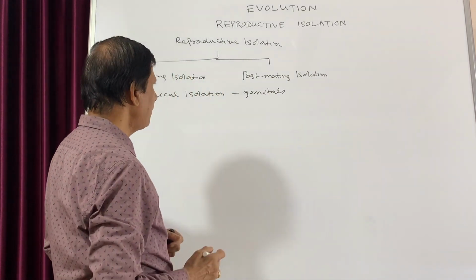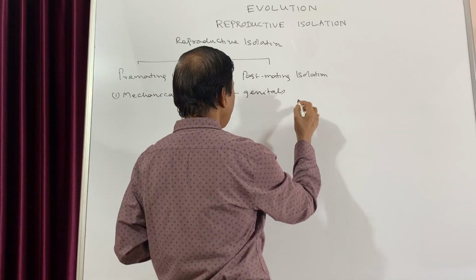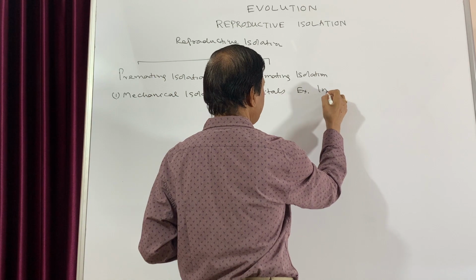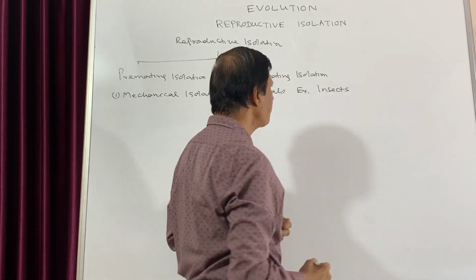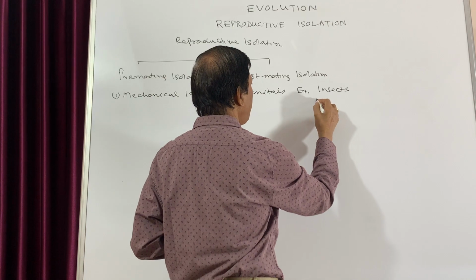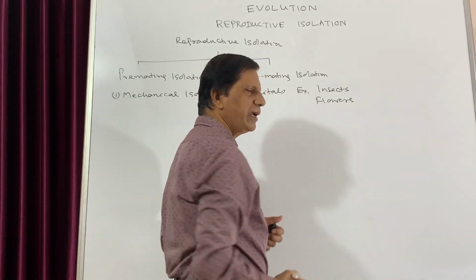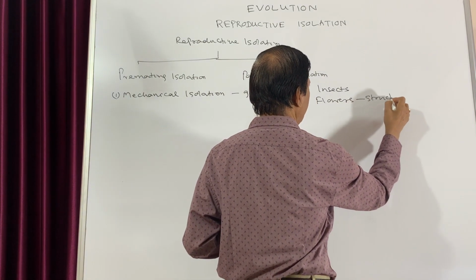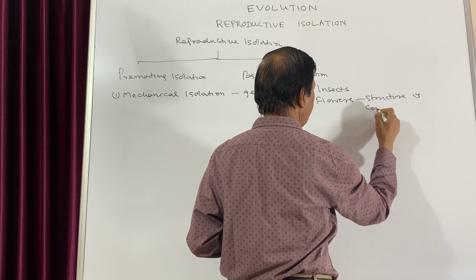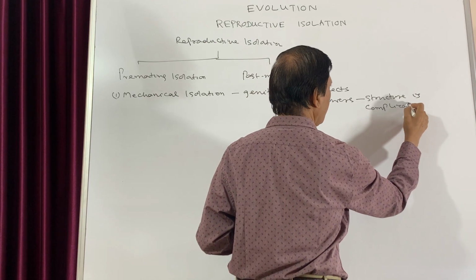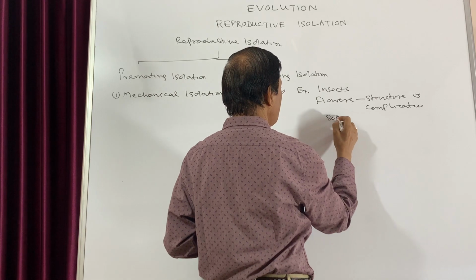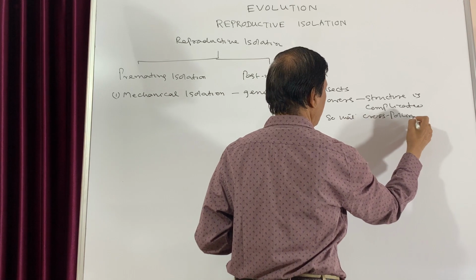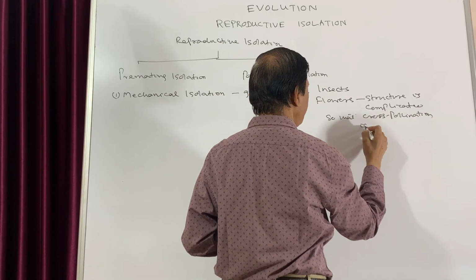So what are the common examples? The common example of mechanical isolation is commonly found in insects. This is a very common example. Another example you will find in flowers. In some flowers, the structure is so complicated that cross-pollination is prevented.